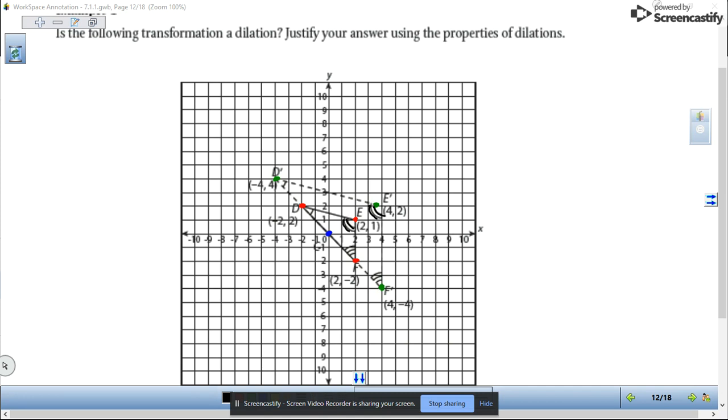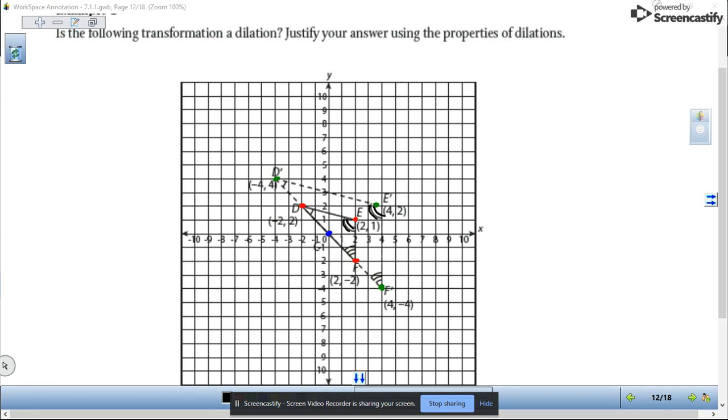The third thing we want to do is verify that the distances have changed by a common scale factor. So, in other words, how did I get from the center to D? Like, how far away is that? So that point was negative 2, 2. And my new point is negative 4, 4.